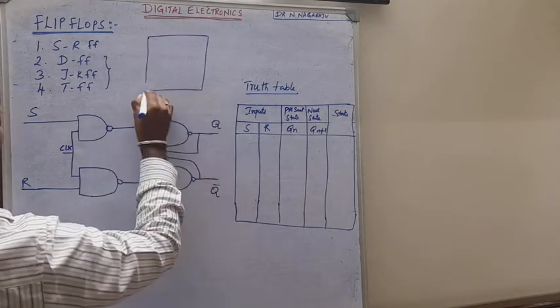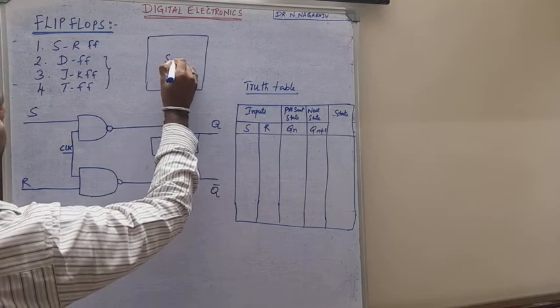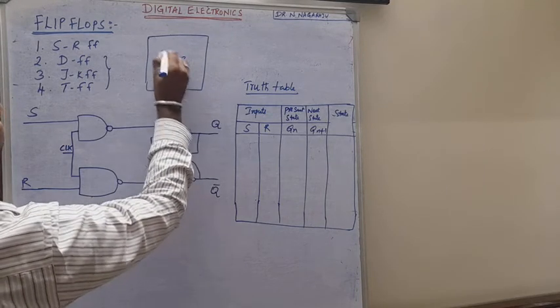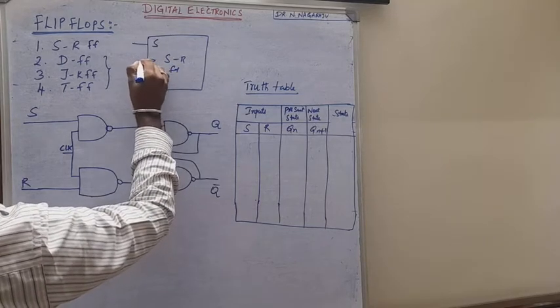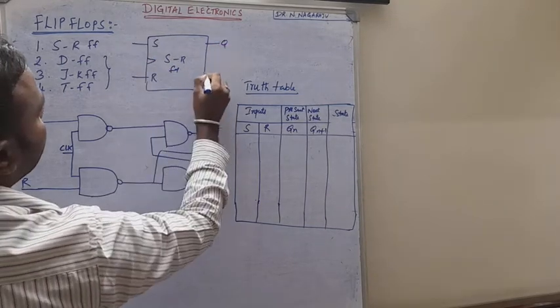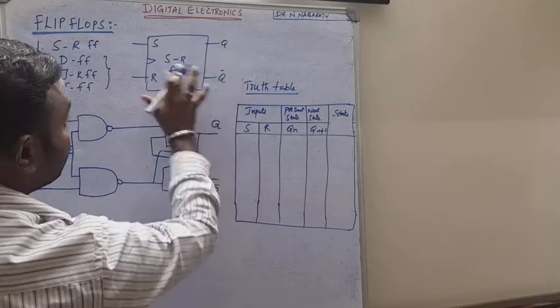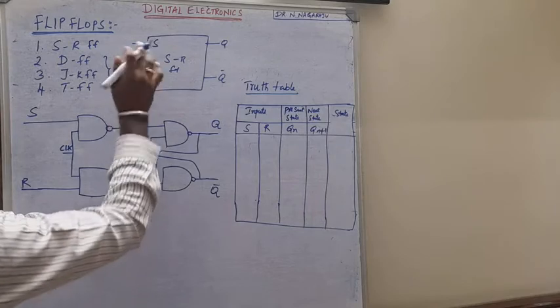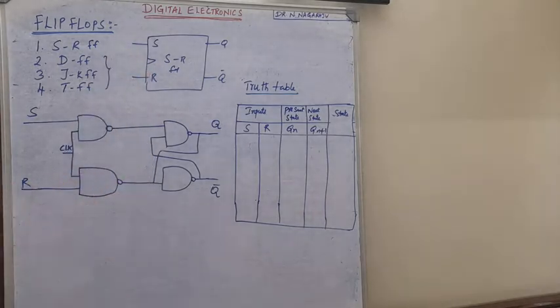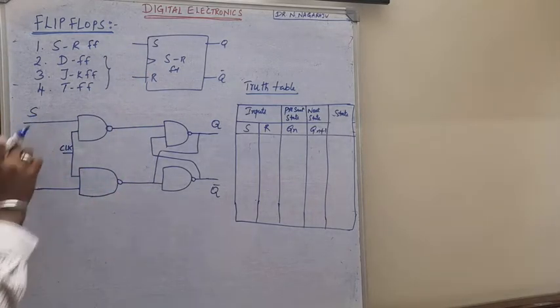Here S is an input and R is an input, there is a clock signal, and the outputs are Q and Q bar. Inside this symbol, this circuit is available. This is the basic circuit for the SR latch, the set and reset latch.